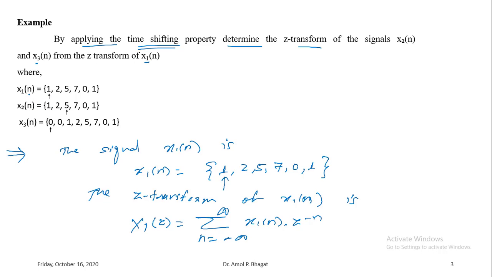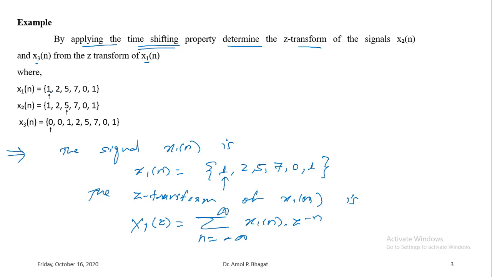As we can see here, this x1 of n has its origin at 1, but this x2 of n has the origin at n equals 2, right. If I compare the value of n here, you can say that this signal x2 of n is advanced by two samples.